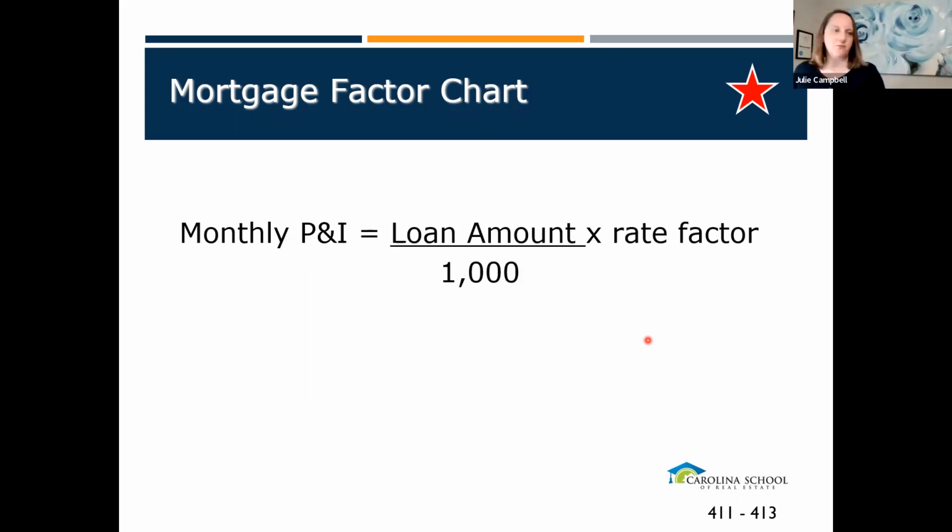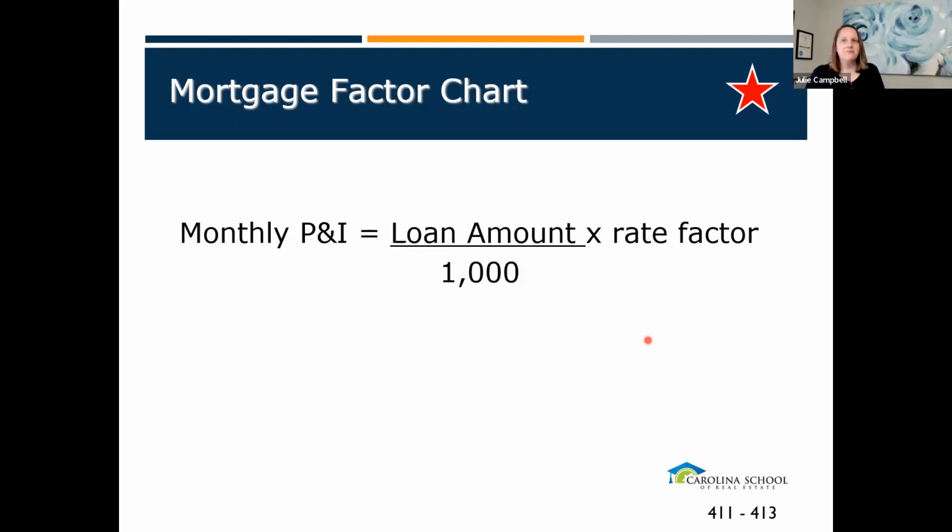So for example, if it's a 5% interest rate and it's a 30-year loan, take your finger and follow it down to 5 and then go over to the 30-year loan. So your rate factor would be 5.37. Everybody see that? 5% interest rate, 30-year loan, your rate factor for the formula would be 5.37. You don't have to memorize this chart.